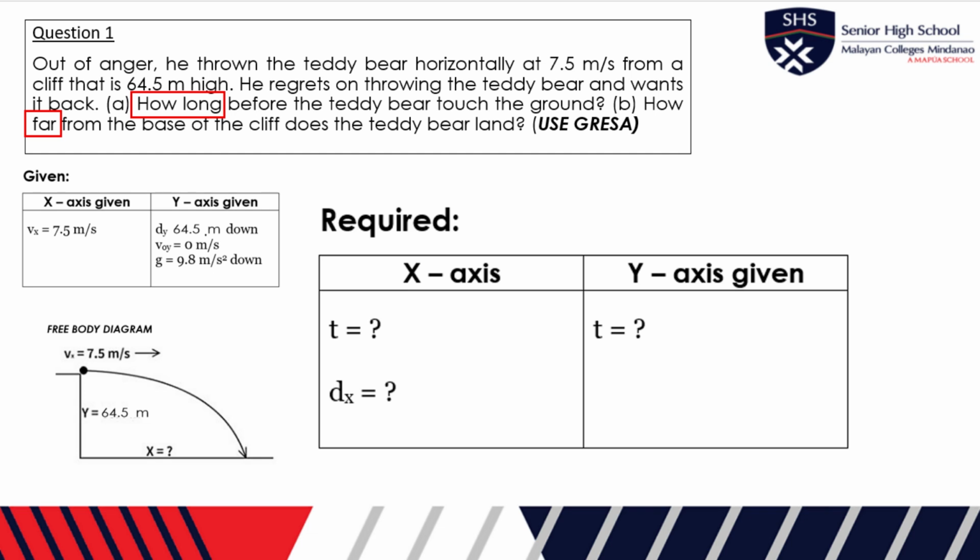Now we have, how far from the base of the cliff does the teddy bear land? It talks about the point where the teddy bear landed from the base of the cliff. Therefore, that is a displacement in the x-axis. So those are the required.